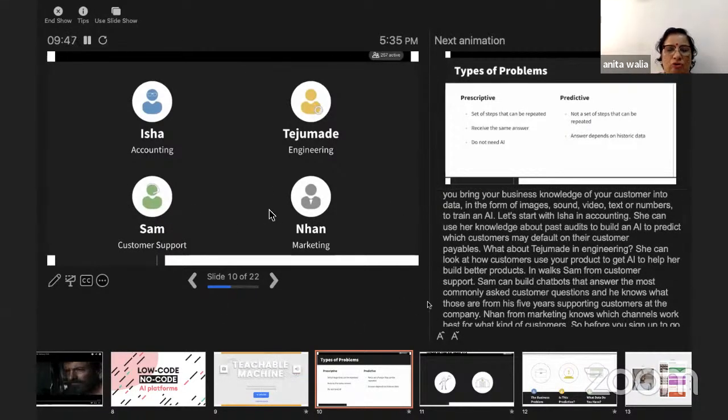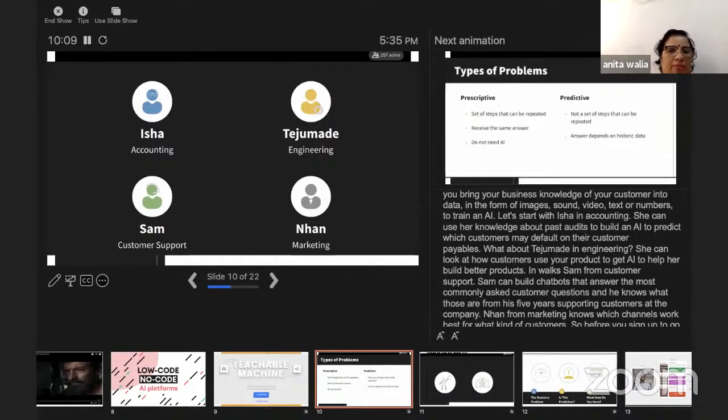Now he can also look at the customer and use the no-code AI tool to help build a product with a new innovation. He can also help Sam from customer support to build a chatbot with no-code AI.